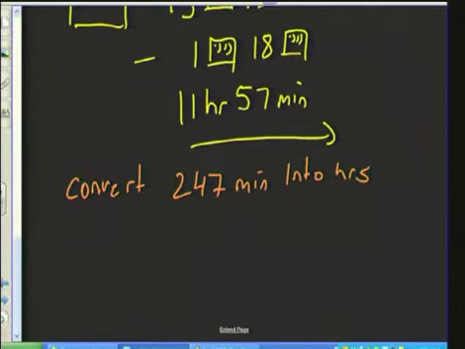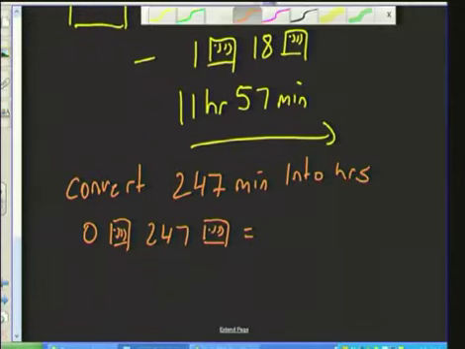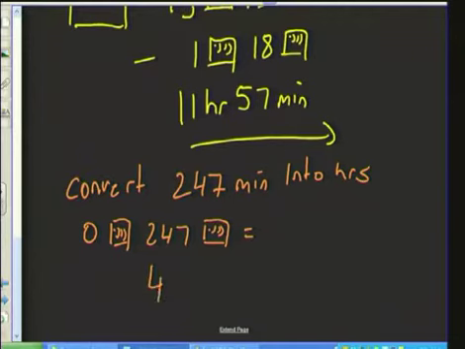What I need to do is I need to tell my calculator that I've got 0 hours, type in my button, and 247 minutes, the button and press equals. So let's just try that out. I've got 0 hours, 247 minutes, press equals, and I see that's 4 hours and 7 minutes. So that answer is 4 hours and 7 minutes.